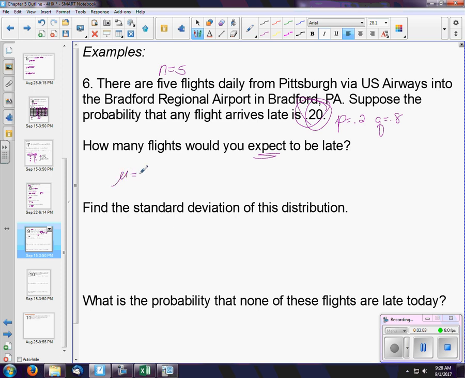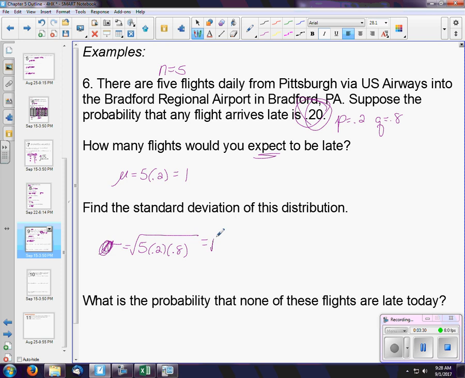How would we calculate then the mean? Mu is equal to n times p, which is 5 times 0.2. That gives us 1. So we would expect on any given day for one flight to be late. The standard deviation is given by the square root of n times p times q, so that's 5 times 0.2, times q, which is 0.8.